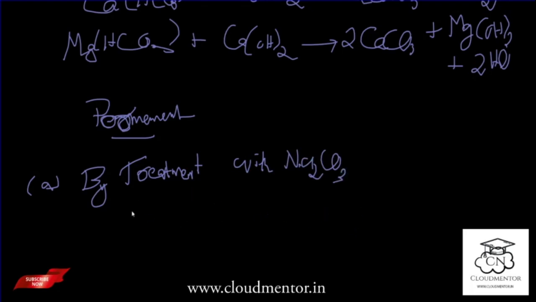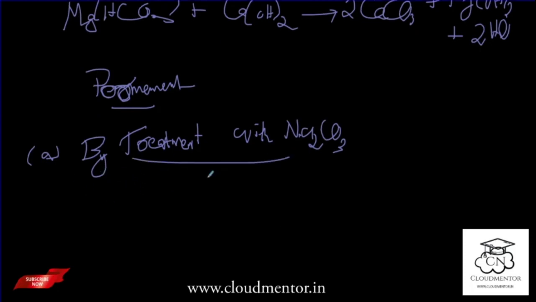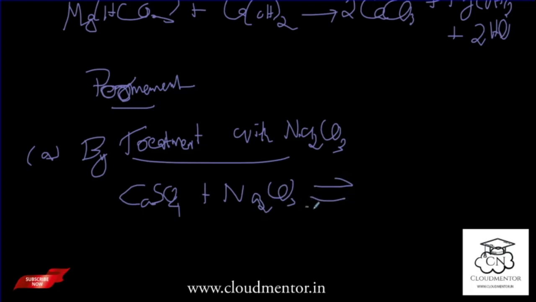Calcium sulfate, which causes permanent hardness, along with chlorides and sulfates, can be removed by adding Na2CO3, the sodium carbonate, giving CaCO3, which is an insoluble carbonate, plus Na2SO4.